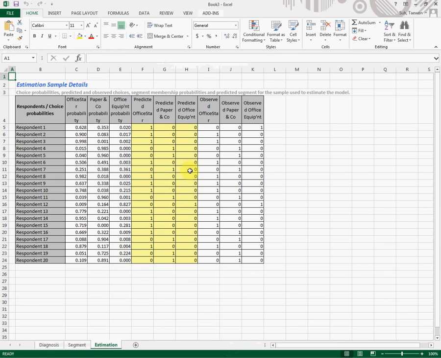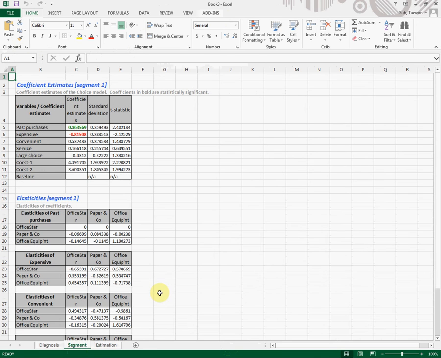All right, I have several different tables in the result, but let me click segment here and look at the first table. This is the major result from the analysis. We have 5 different independent variables and their coefficients and their t-statistic.